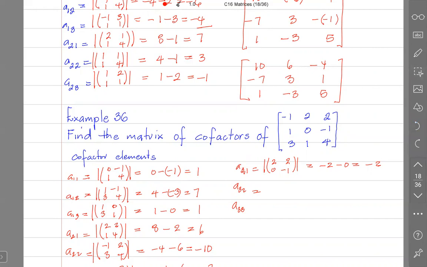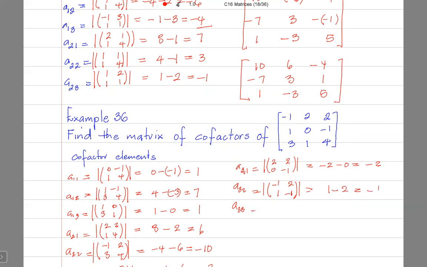So this is the determinant of minus 1, 1, 2, minus 1. So this would be 1 minus 2, which is minus 1.